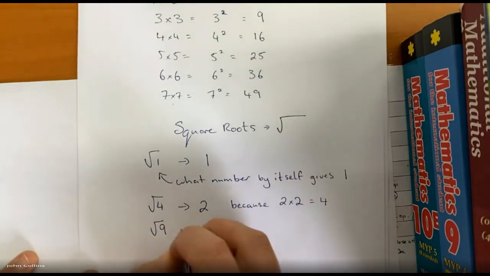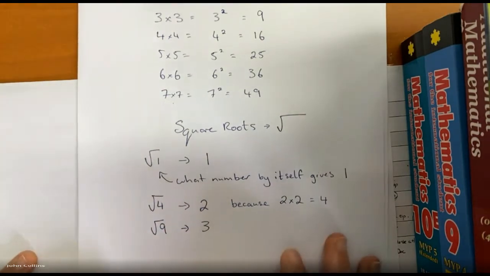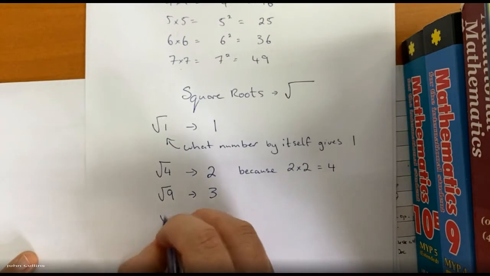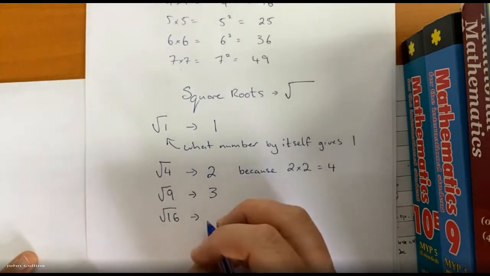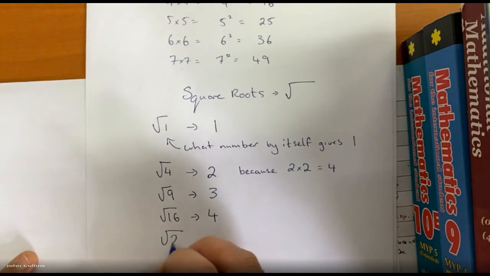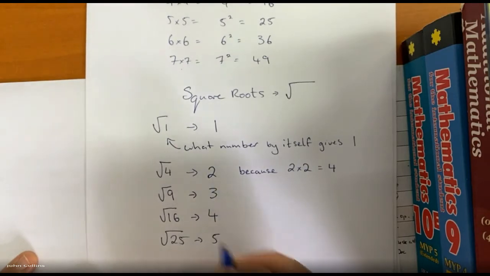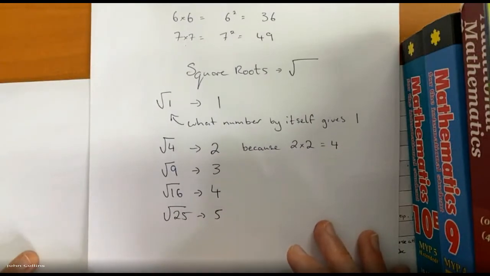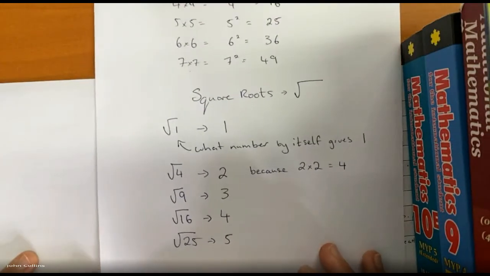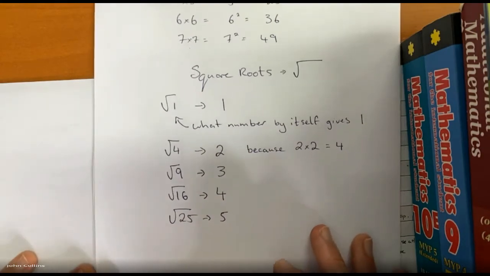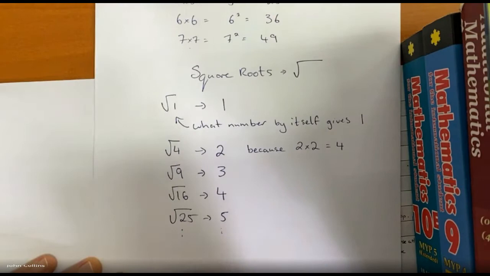The square root of 9 then would be 3 for the same reason. What number by itself gives 9? It's like 9 is the answer, and we're trying to go backwards. The square root of 16, 4. The square root of 25, 5. What number by itself gives 25? So it's just the opposite of the list we created above. It goes on and on and on.